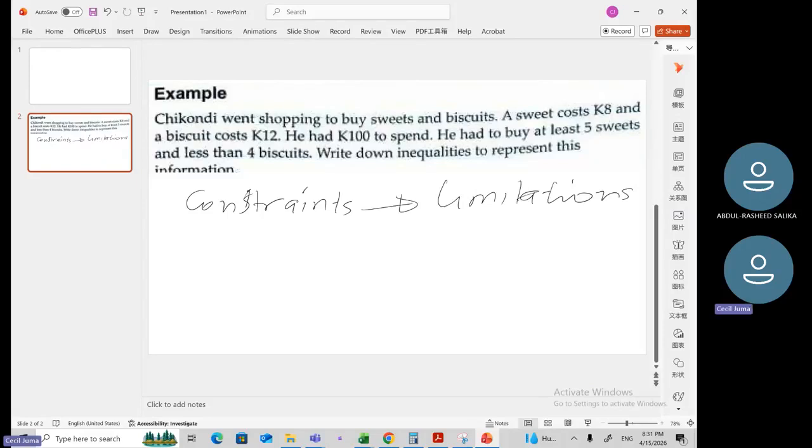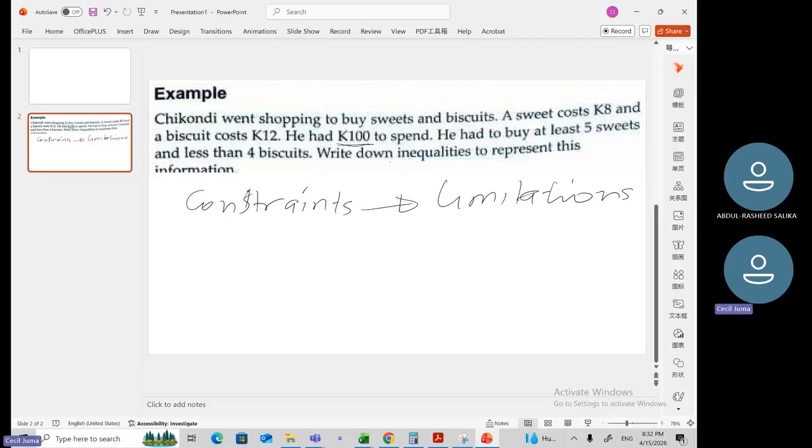The first limitation, you only have 100 kwacha that you need to spend. That's a constraint. That's a limitation. Because you could have 200 kwacha, you could have 500 kwacha, but you have 100 kwacha, which means you have to manage whatever you have within the range of 100 kwacha.